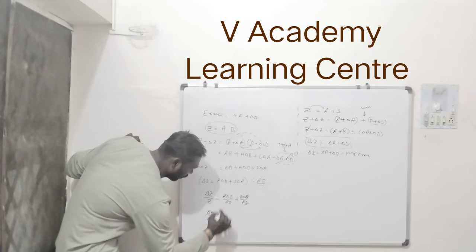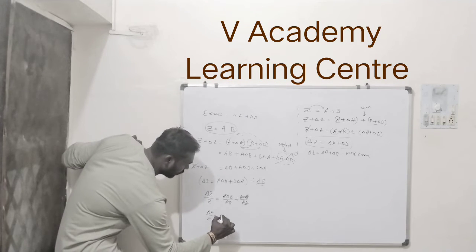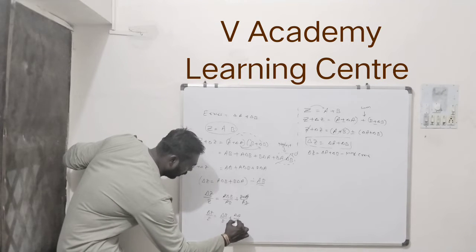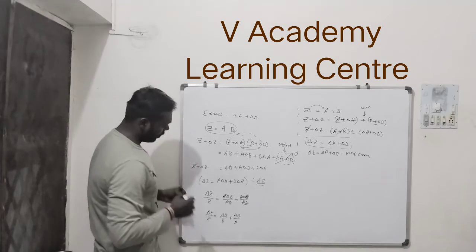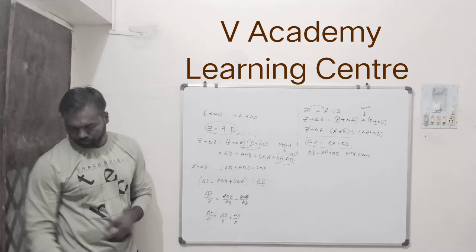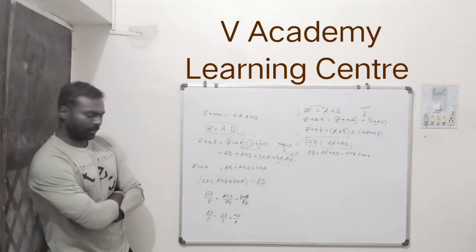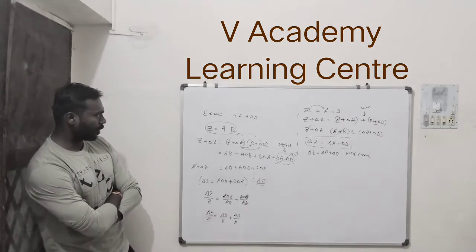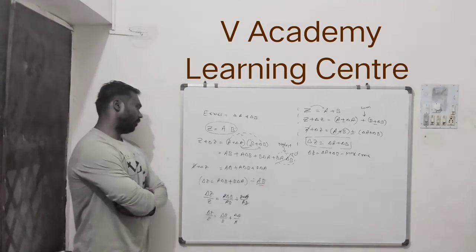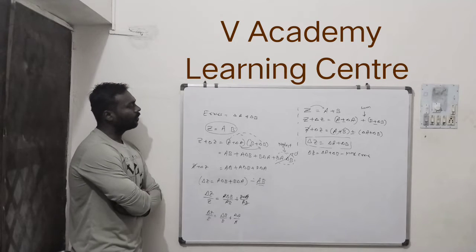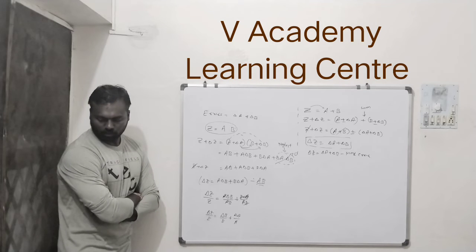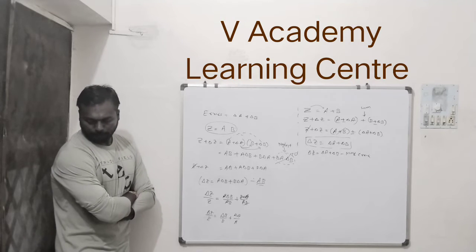Delta Z by Z is equal to delta B by B plus delta A by A. This is your final error for a product. Any doubt? Please feel free to ask.